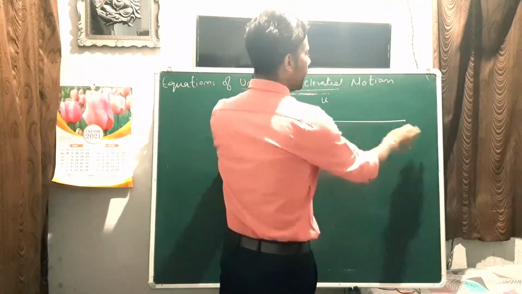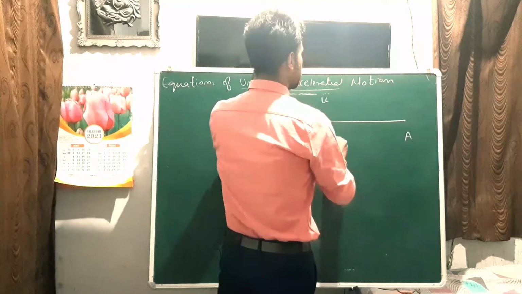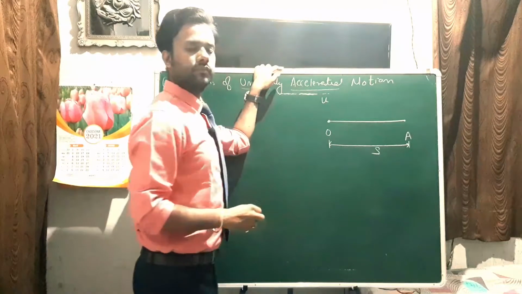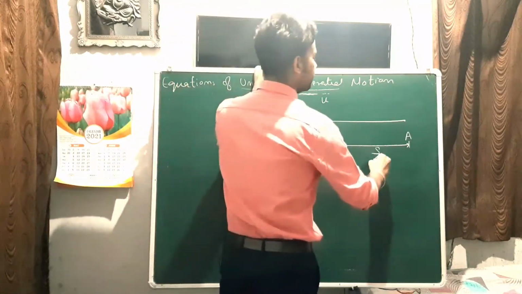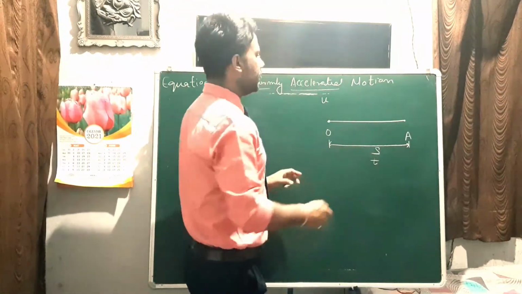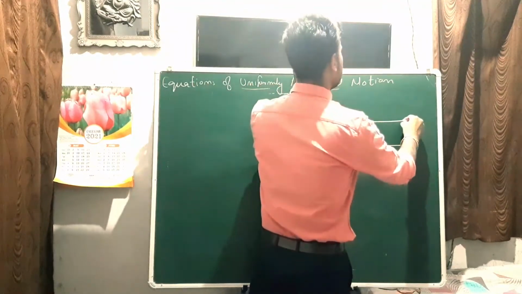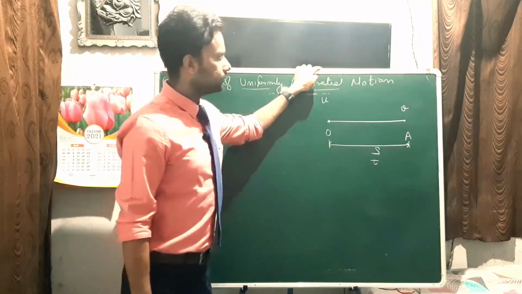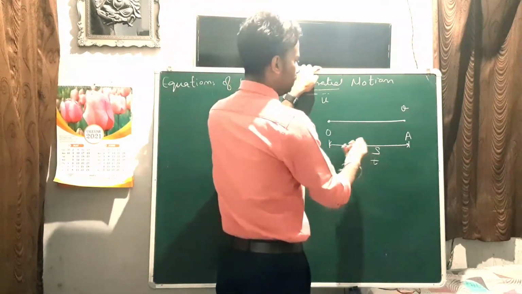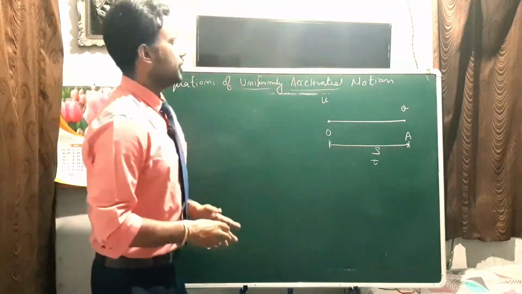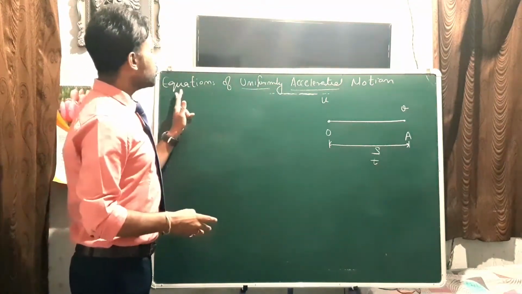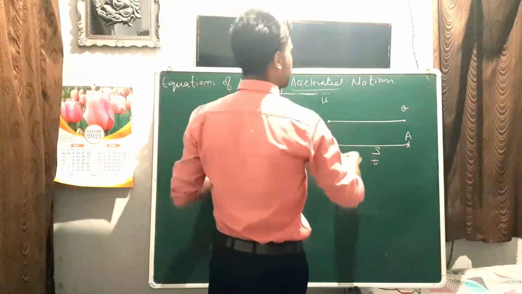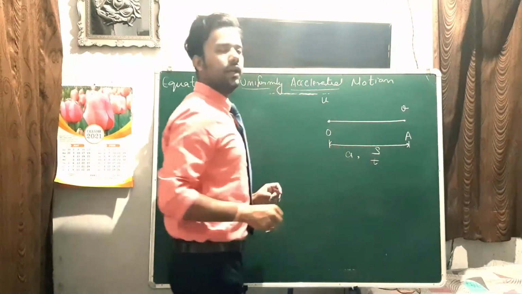From O to A, the body covers a distance s and it took time t. And when it reaches point A, the velocity of the body is v. Because the equations are for uniform acceleration, the value of a will be constant. So the body is moving throughout with constant acceleration a.